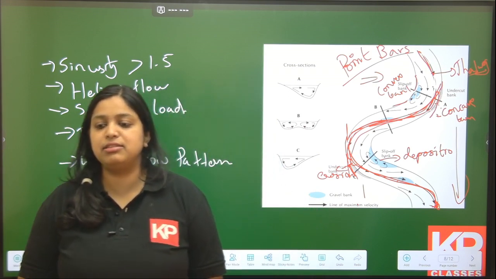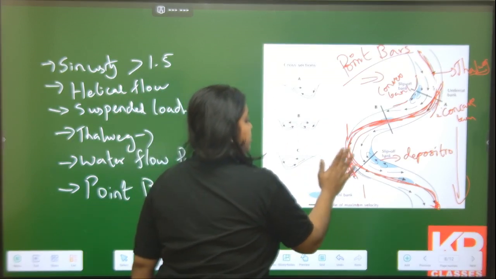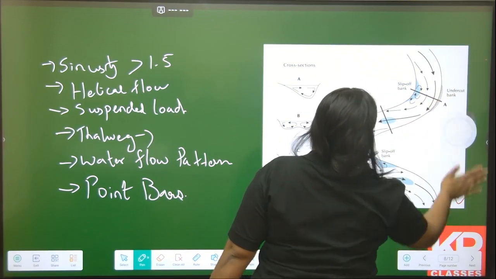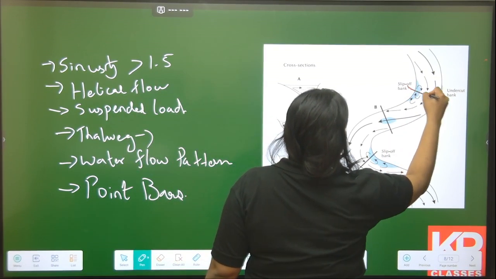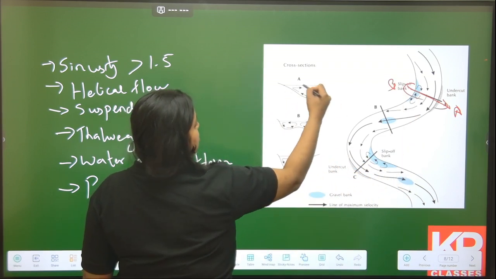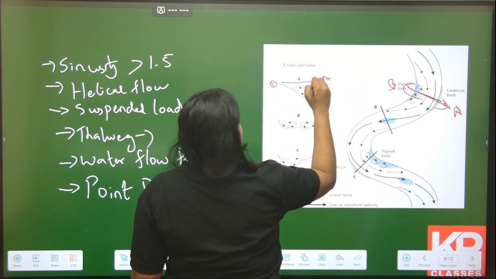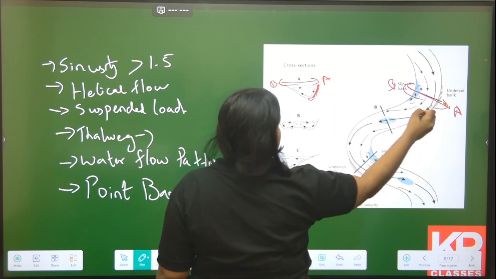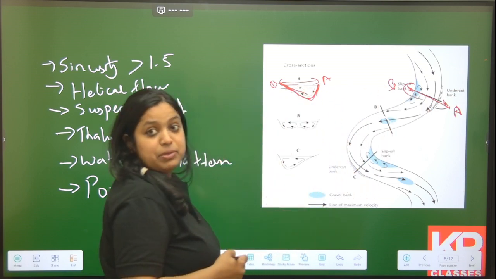Okay, then the next thing is the cross section. Over here in this picture, before going to the landforms associated with the meandering channel, you can see that they have drawn a section from A to B. If I notate this side as A, you can see that the depth is much higher at the A side, and towards the B side the depth is decreasing.